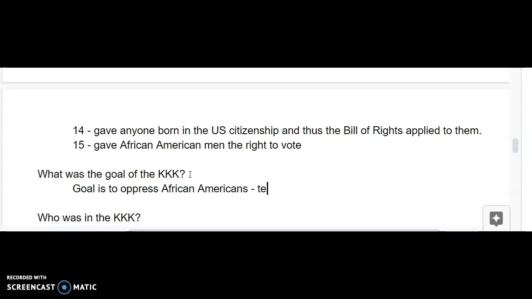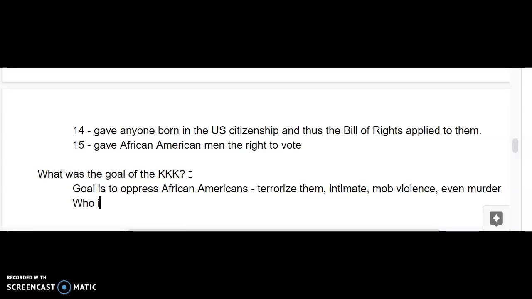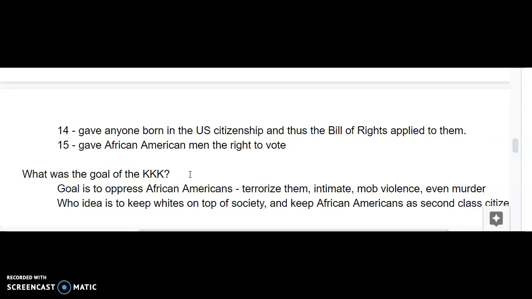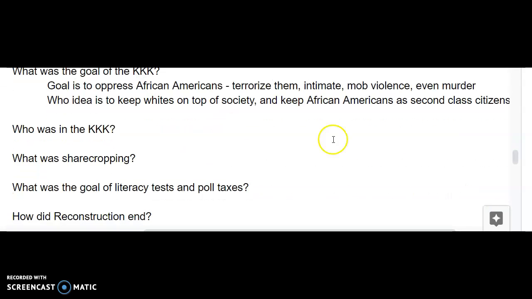So they will terrorize them, intimidate, mob violence, and then even murder. So the whole idea is to keep whites on top of society and keep African Americans as second-class citizens. So even though they have rights and even though they're not slaves, the KKK wants to go back to that time when whites had all of the power.